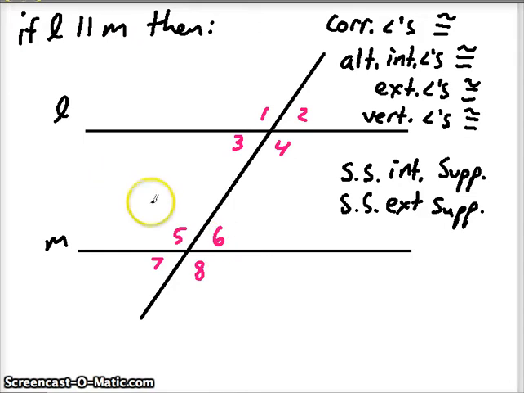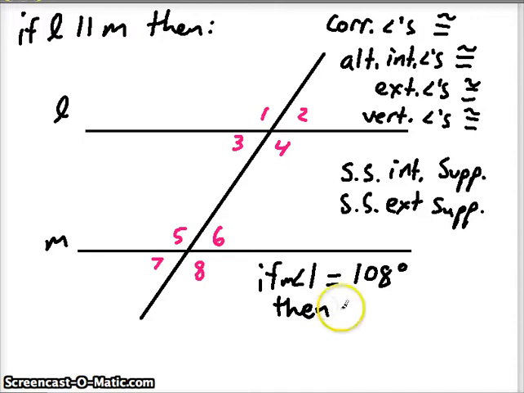Alright, so let's do some examples real quick and try this out. Let's say the measurement of angle 1 equals 108 degrees, then the measurement of angle 5, let's talk about the relationship there.